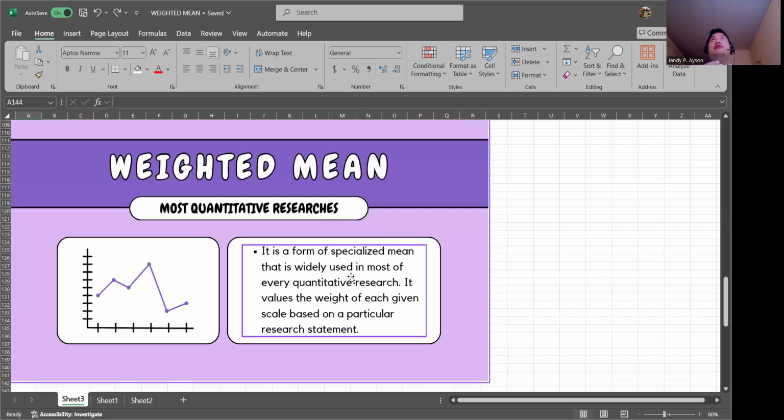So, para lang matali natin kung ano ba yung weight or bigat ng bawat responses ng mga respondents natin sa bawat questions or research statements sa survey questionnaire natin, ginagamit natin si weighted mean. So, for you to be able to fully understand what I mean when I say research statements, let's proceed on the computation itself.